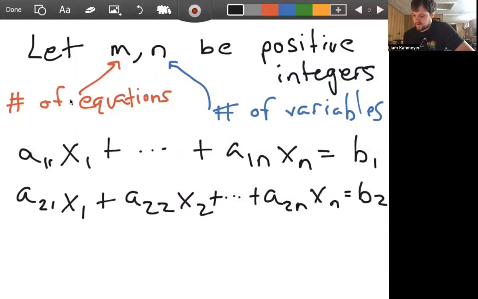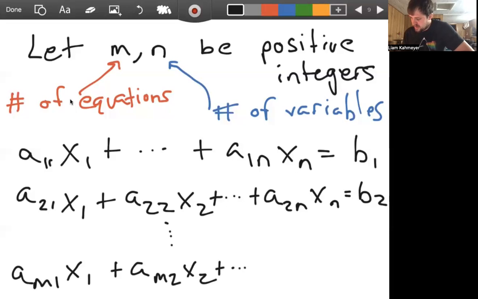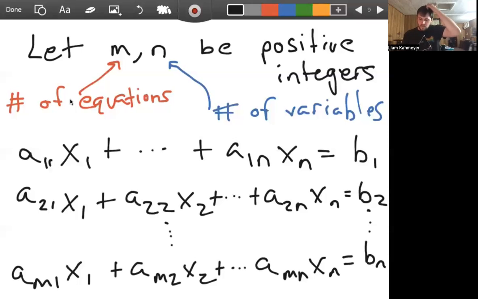If you'll notice, the first number of the coefficient represents what row you're in or what equation you're on, and the second number represents your variable spot or what column you would be in, right? And so you keep going, and there are m equations. So this would be a sub m1 x1 plus a sub m2 x2 plus a sub mn xn equals b sub m. And so this is going to be our system of equations here.